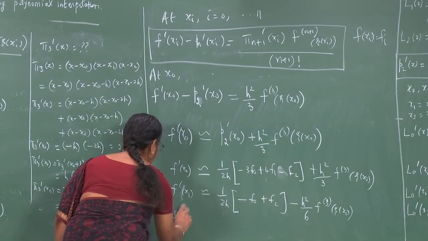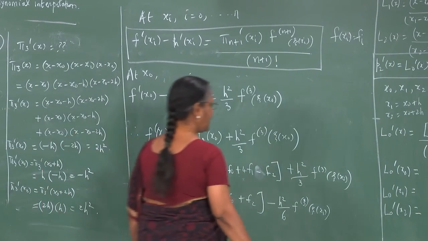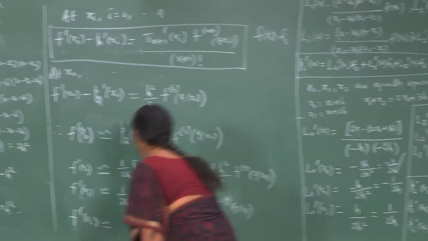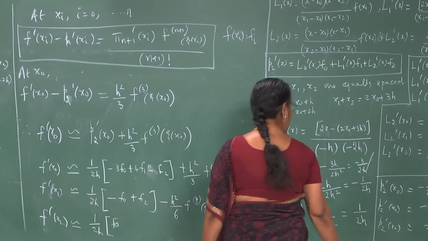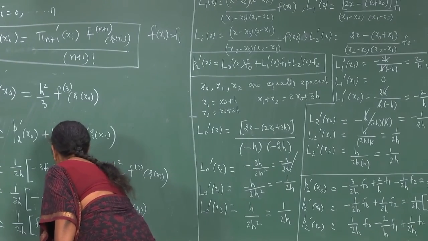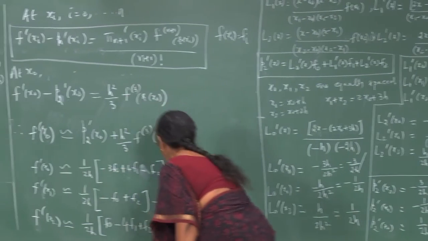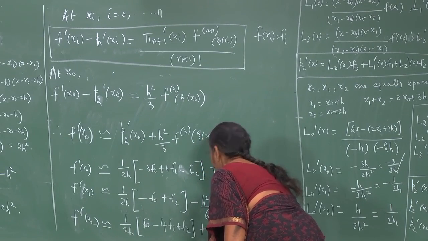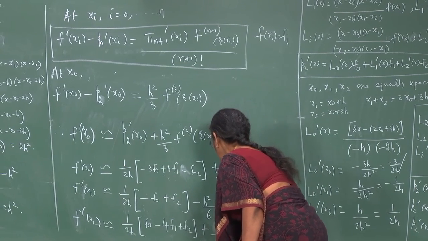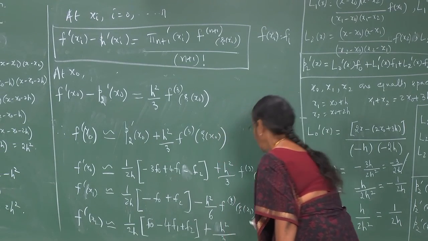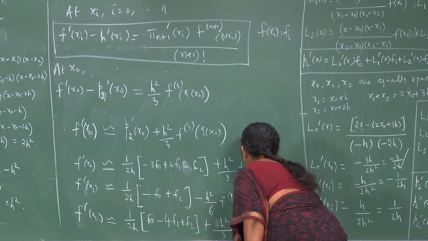And finally the estimate for f dashed at x2 is going to be 1 by 2h into f naught minus 4 f1 plus 3 f2, and error in this approximation is 2h square by factorial 3. So, I can simplify and write h square by 3 into the third derivative at psi of x2.